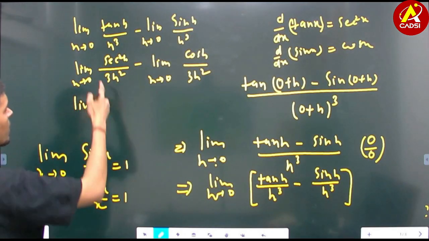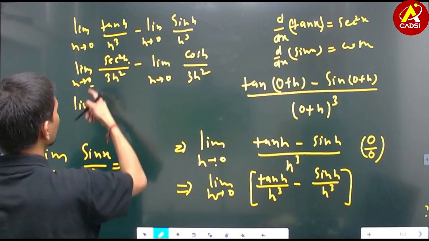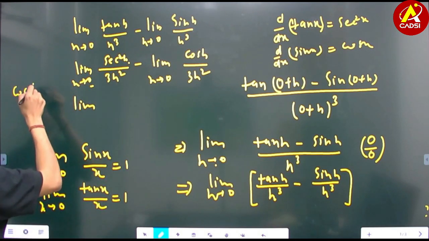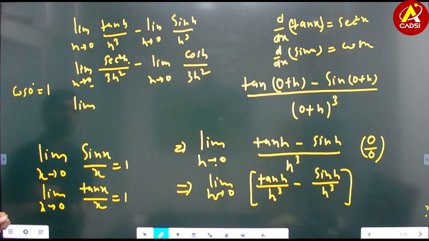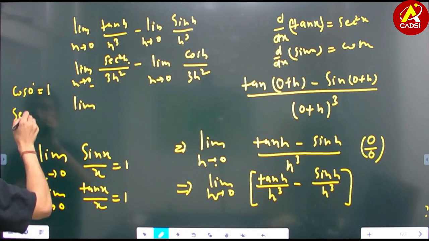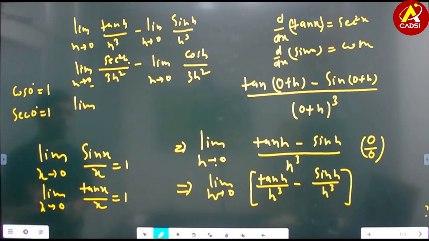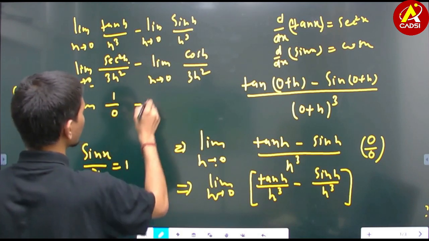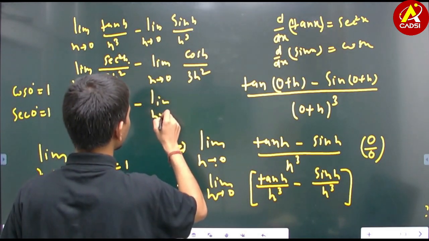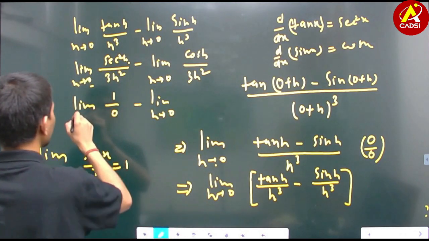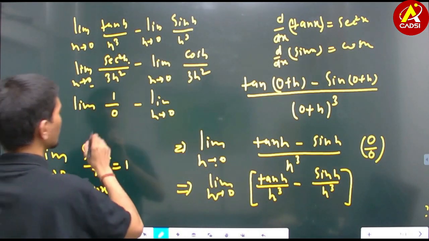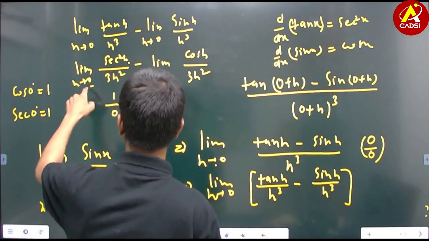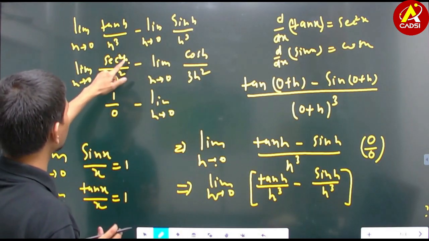So here sec 0: we know that cos 0 is equal to 1 and sec 0 is also 1. So we get 1 upon 0 minus 1 upon 0, noting that we are putting the value of h equals 0 here.